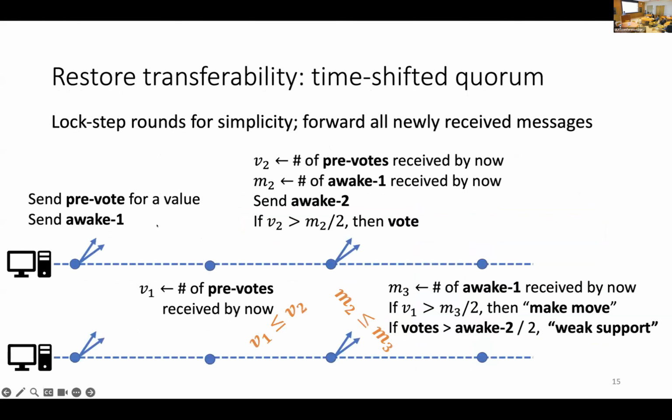It's because in this protocol, in order for me to proceed to the next step and make this move, I need to compare two variables, V1 and M3. M3 is what I counted in this last round, and V1 is something I counted 2 rounds ago. So in order to carry out this step, I have to be around for these 3 rounds in a row, in order to have a V1, have an M3, and do this comparison.